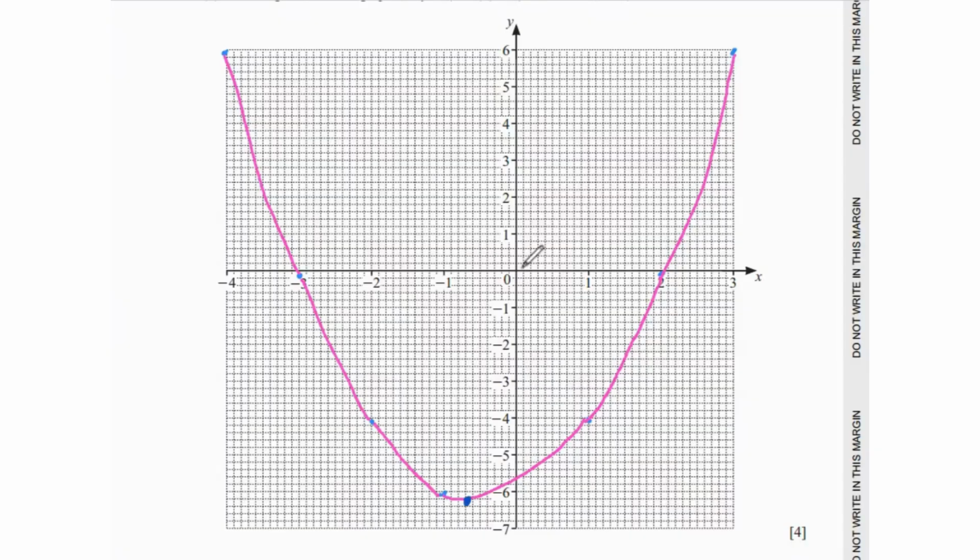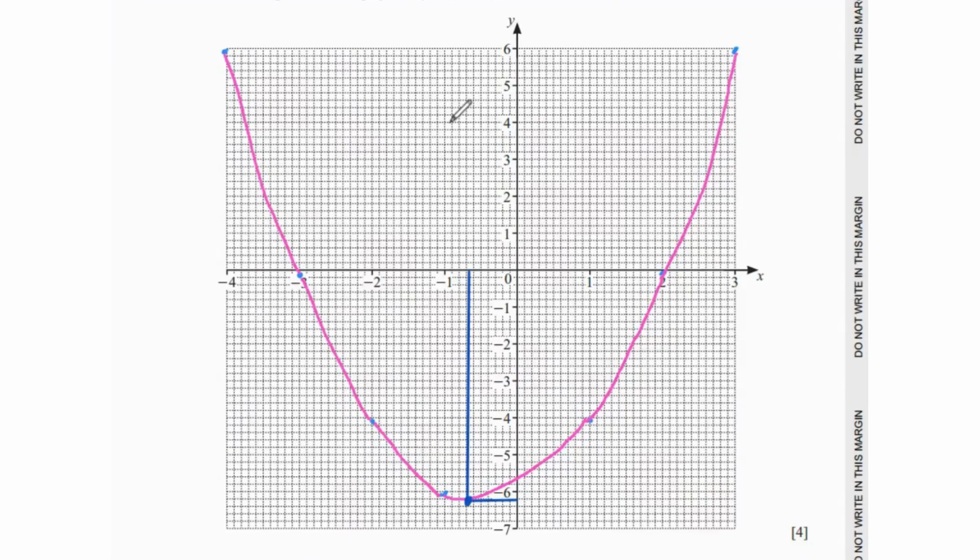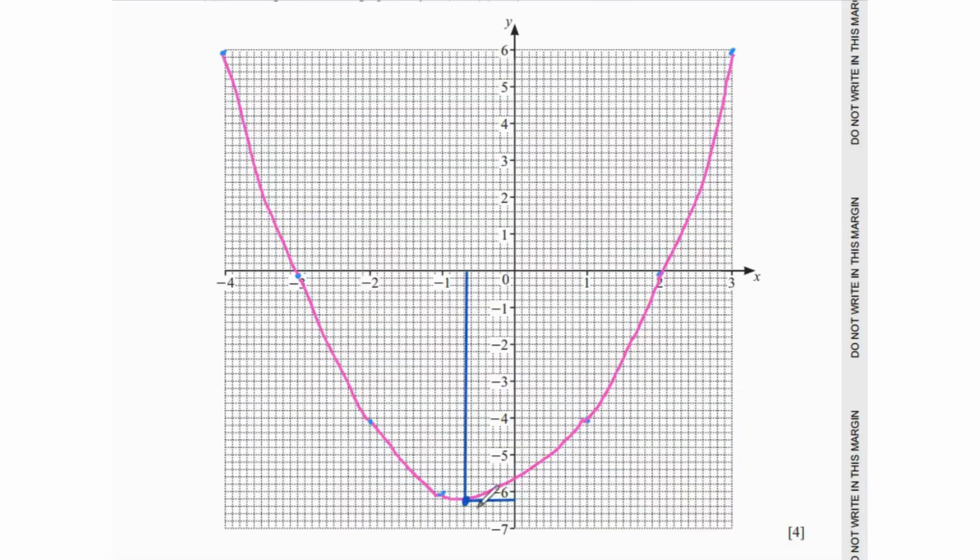So x is coming out to be negative 0.7 for me, and y is negative 6.2.